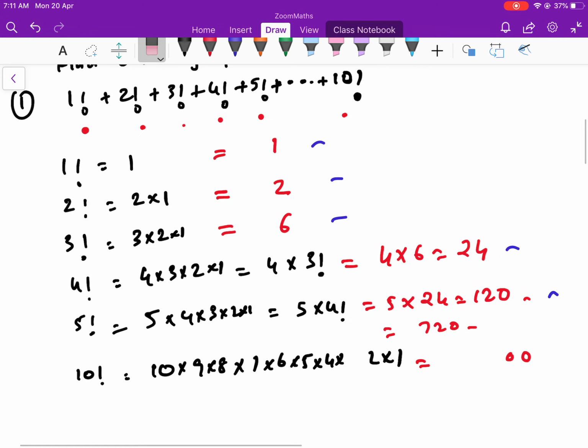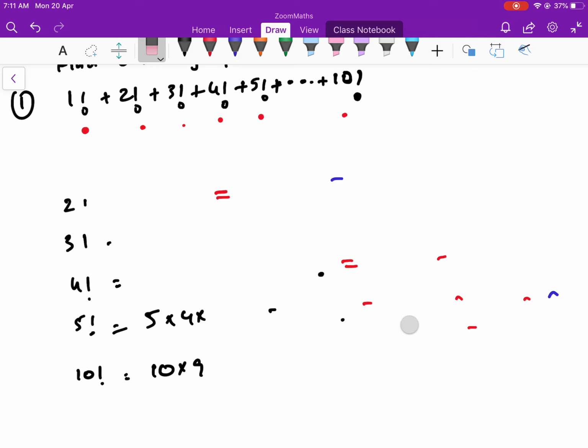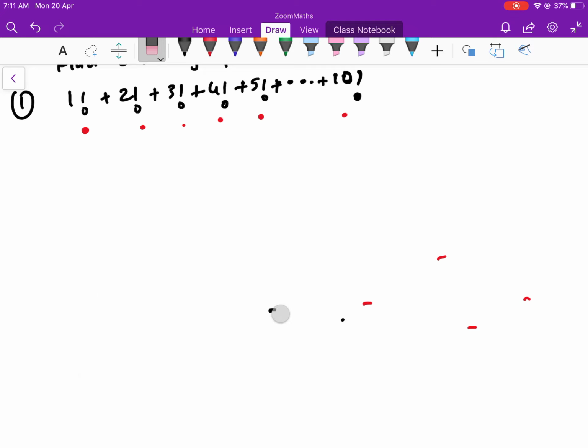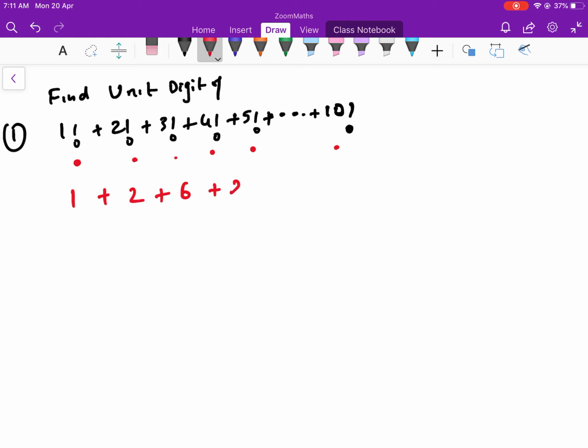Let me make some space. Let me just erase this. So if you start adding them, here you go. 1 factorial is 1, 2 factorial is 2, 3 factorial is 6, 4 factorial is 24, 5 factorial is 120, 6 factorial is 720, so on and so forth till 10 factorial, which ends in 2 zeros.